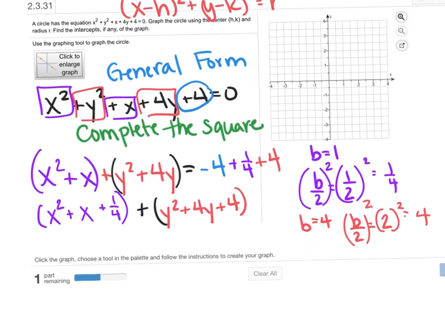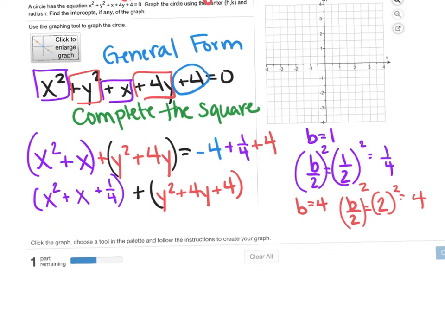And so now from this process, we're going to complete the actual square by factoring. This term right here and this term right here are now perfect squares. So I have x plus whatever I put down for b divided by 2, with whatever this sign is.